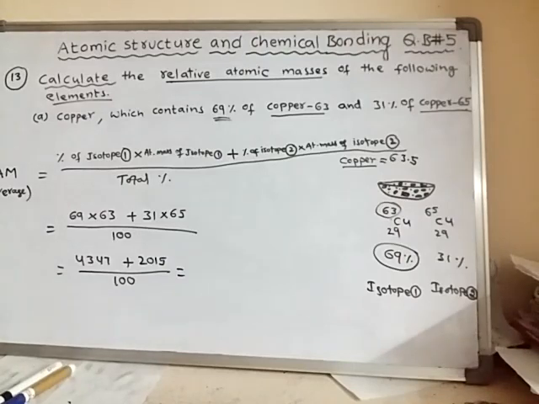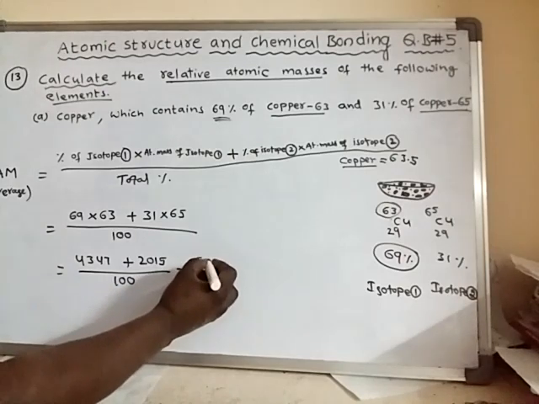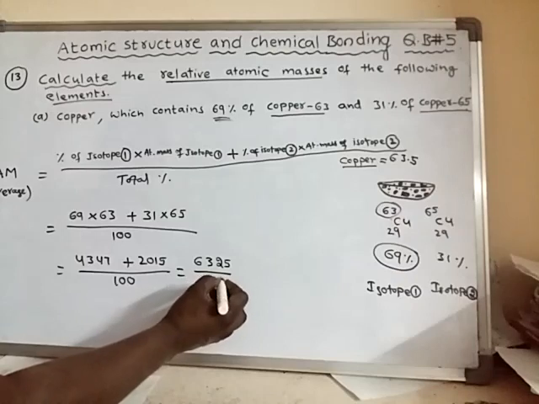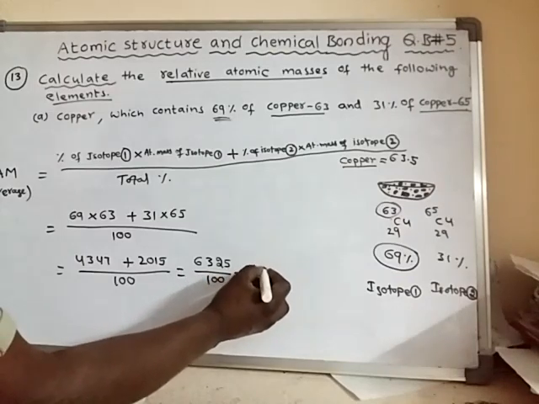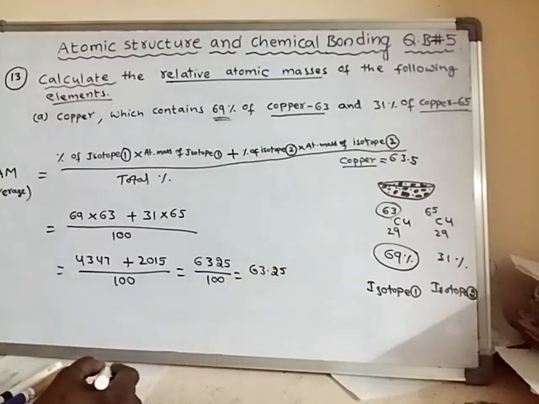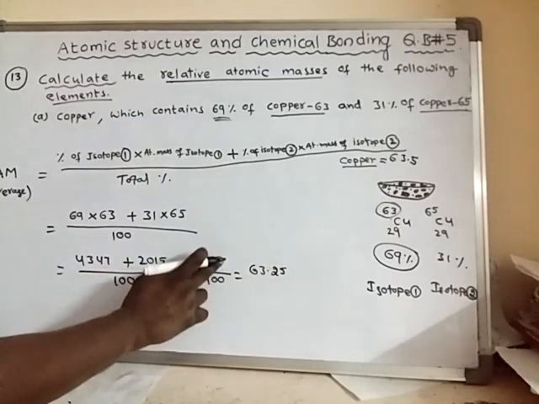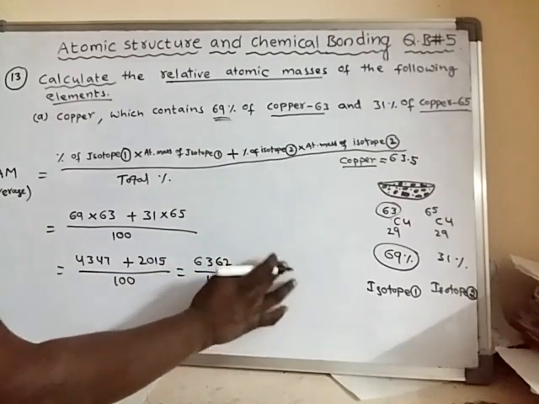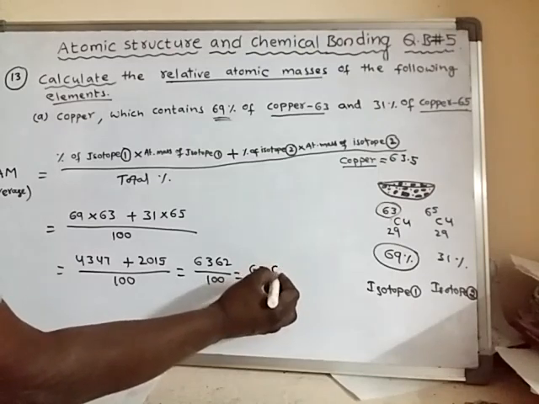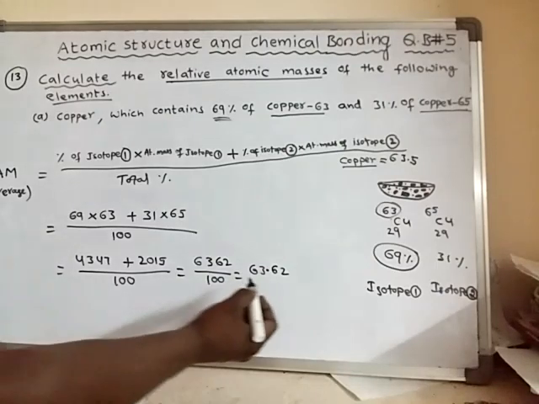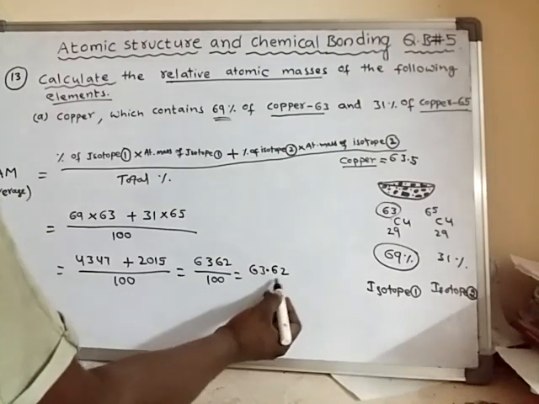Altogether it will be equal to 6325 by 100. That means it will be equal to 63.62.